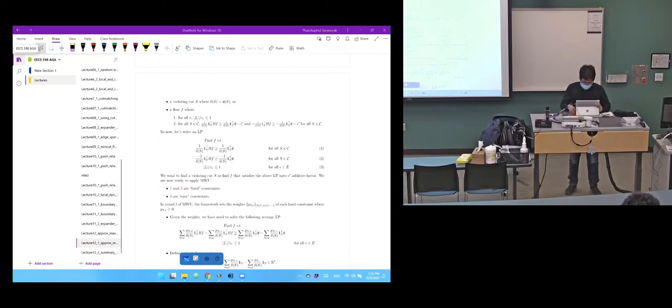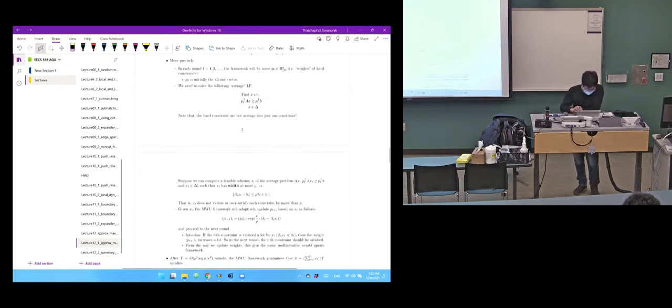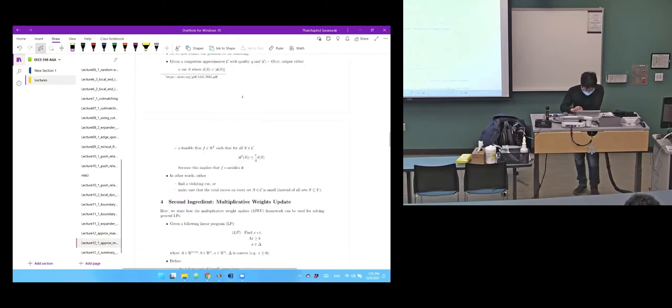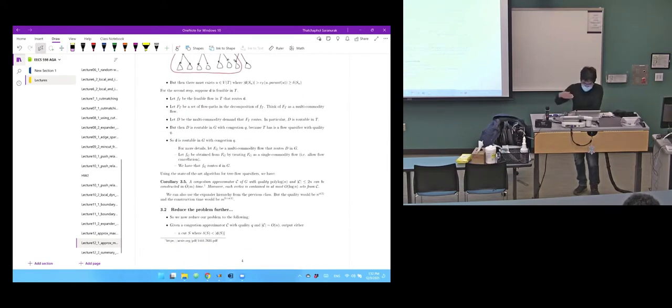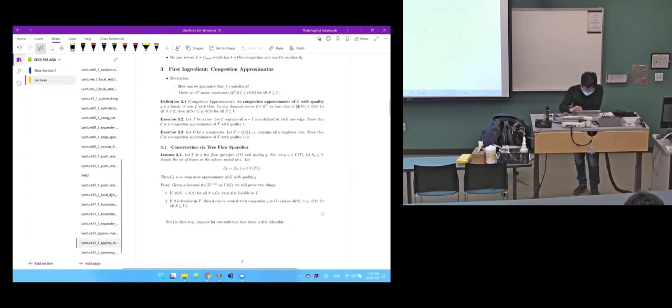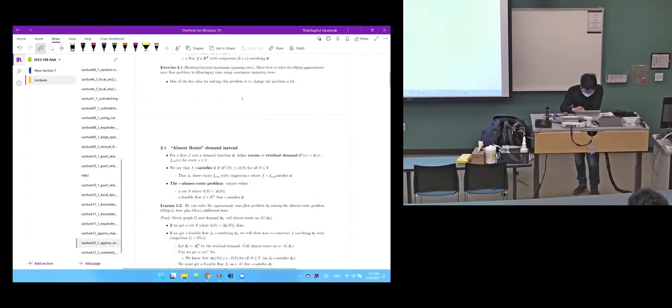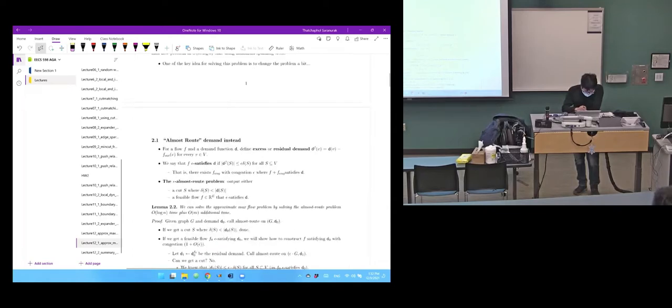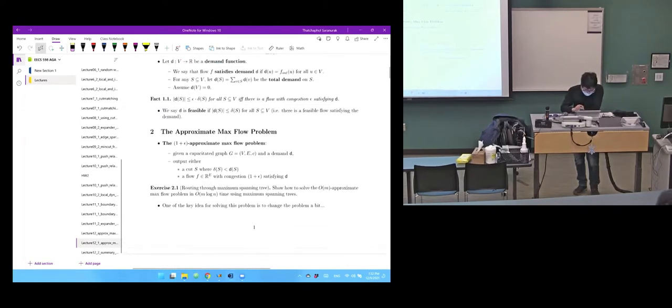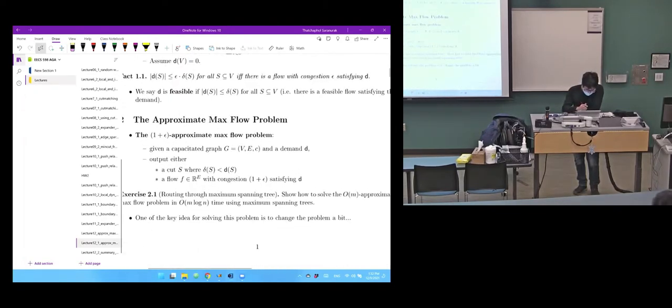Okay, so today we're gonna finish how to compute approximate max flow in nonlinear time, and then I will give you the overview of everything again. So just to recall, the problem that we wanna solve is here.